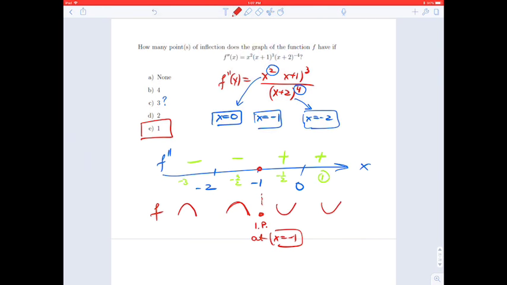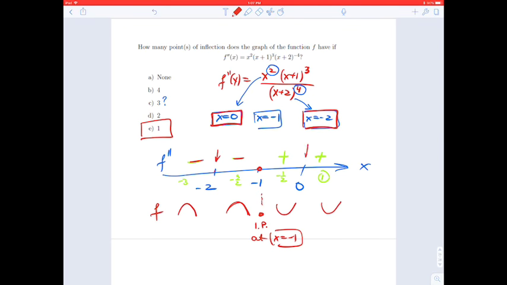Negative 1 came from the odd, we can see 3 from the odd exponent. That means when we have even exponents, the corresponding function will never change the sign. That means 0 will not be an inflection point, and neither will negative 2.